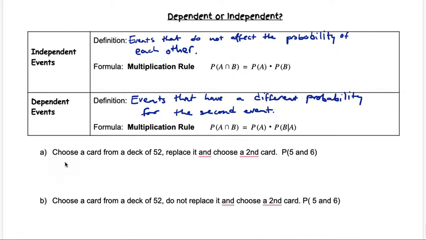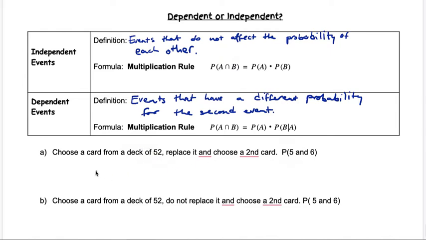So perfect examples here are looking at decks of cards and whether or not we replace the card, okay? If you choose a card from a deck of cards, of course the probability of choosing any given card is 1 in 52, but if you leave that card out and choose a second one, creating a condition, then your probability reduces to 1 out of 51.